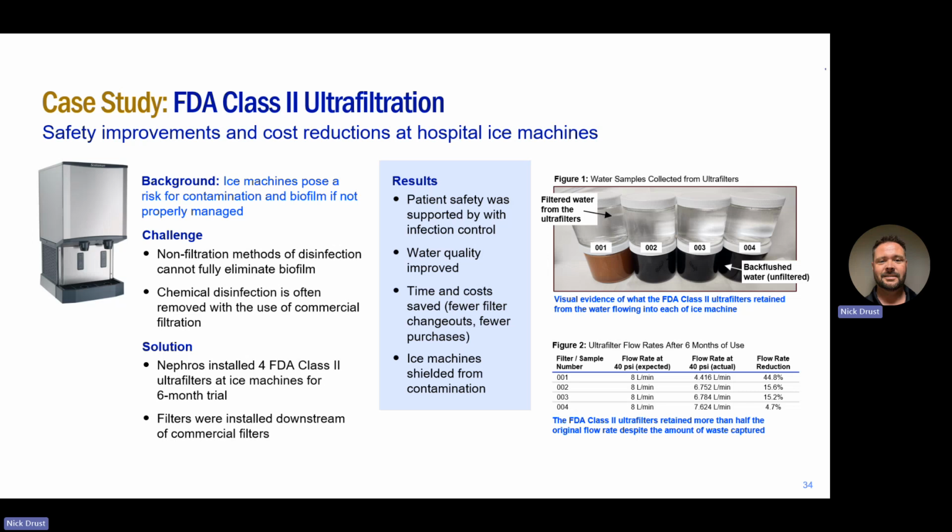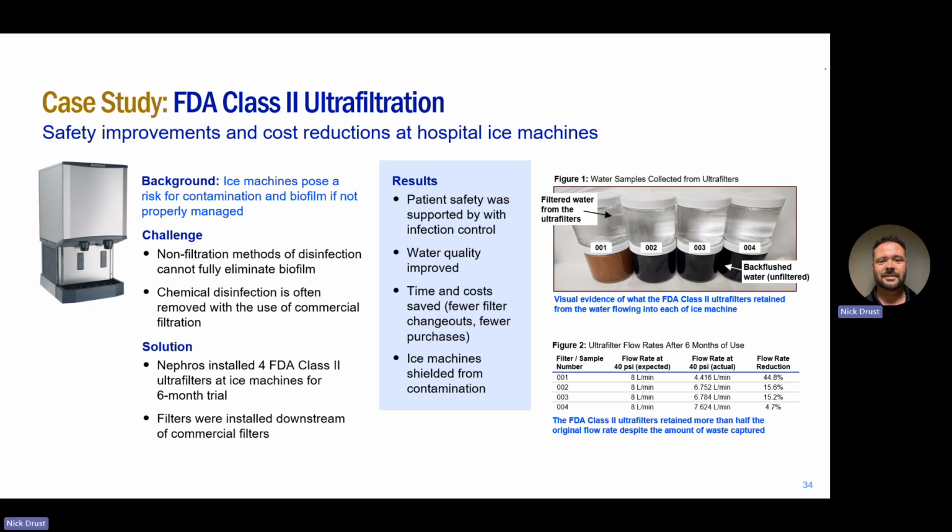This facility recognized two important limitations. First, chemical disinfection alone does not remove biofilm. It may reduce organisms, but the biofilm can remain attached to surfaces. Second, many commercial filters are designed primarily for scale, sediment, chlorine, taste and odor, but not necessarily microbial retention.